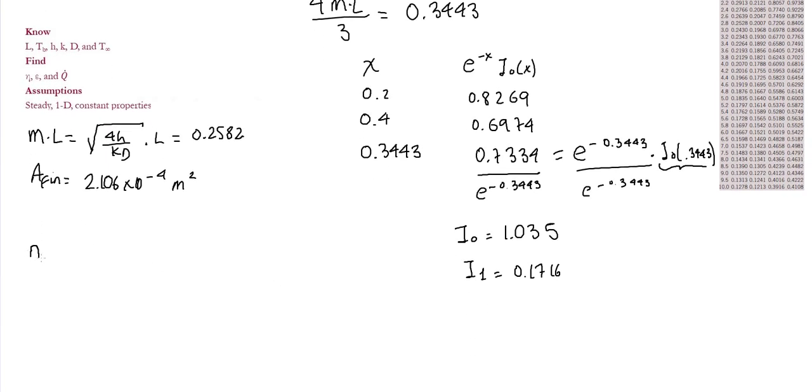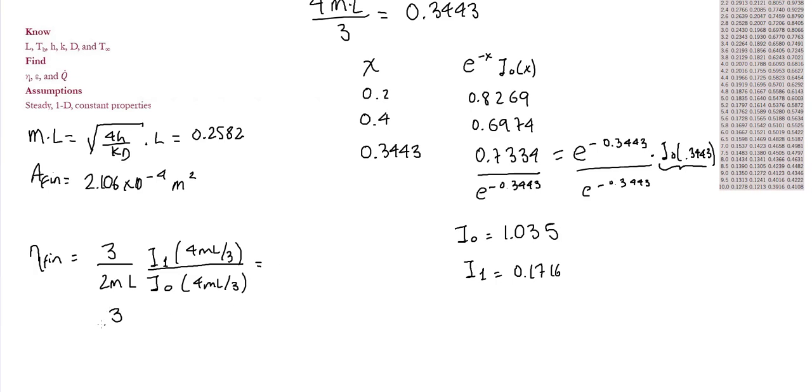Okay, so now we're gonna substitute into that formula. We find that the efficiency of a fin is equal to 2 over ml, I1 of 4 ml over 3, which we already found, over I0 of 4 ml over 3. So we substitute the values that we have.